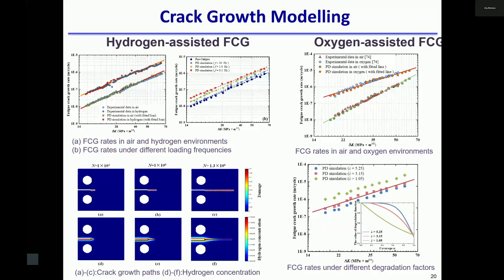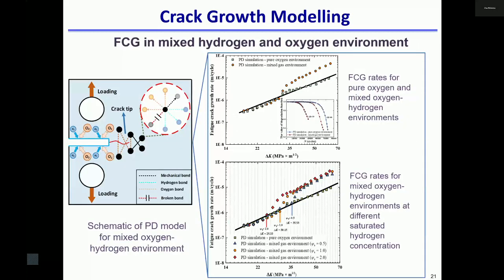Here I would like to highlight that there is a degradation function. By utilizing this function, we can simulate the level of damage caused by hydrogen and also oxidation. I think one advantage of our model is we can model the mixed hydrogen and oxygen environment, because at high temperature, apart from hydrogen, you also have oxidation.